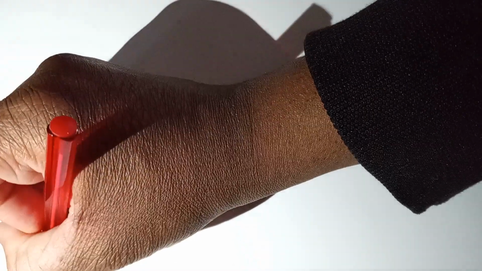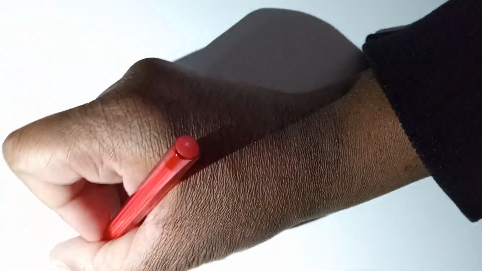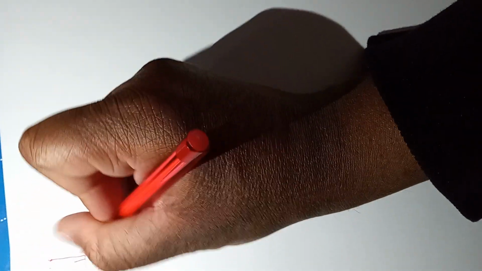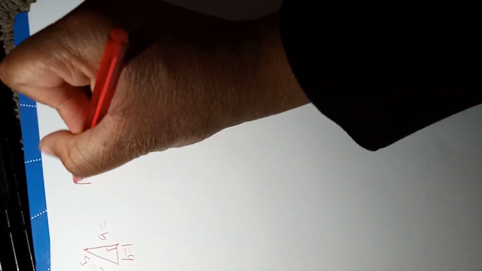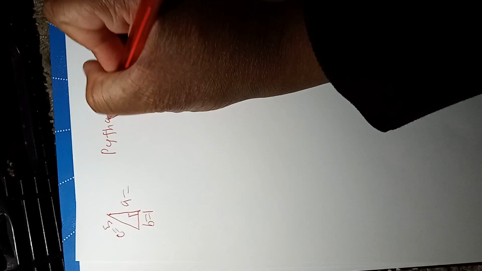Now let's get to a problem here. Let's say a triangle has c equal to 5 and b equal to 1, and we don't know what a is. So we have to use the Pythagorean theorem to figure this out.